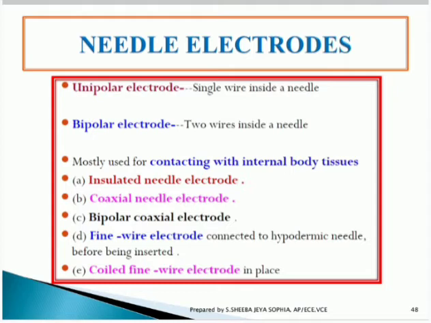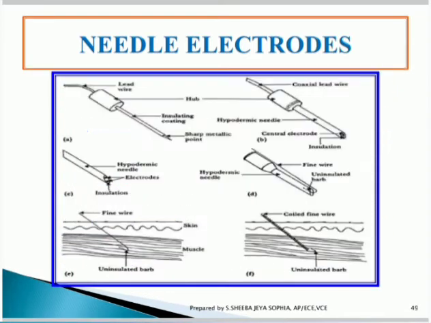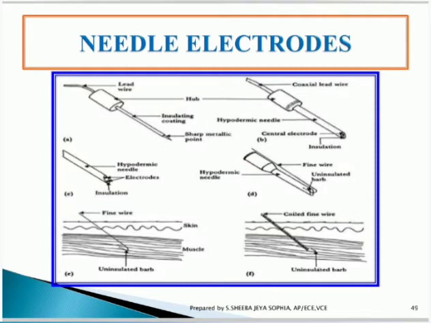They get inserted into the skull of the human body and measure the activities. There are many types, like insulated needle electrode, coaxial needle electrode, bipolar coaxial electrode, fine wire electrode, and coiled fine wire electrode. Here you can see the various diagrams of needle electrodes available.